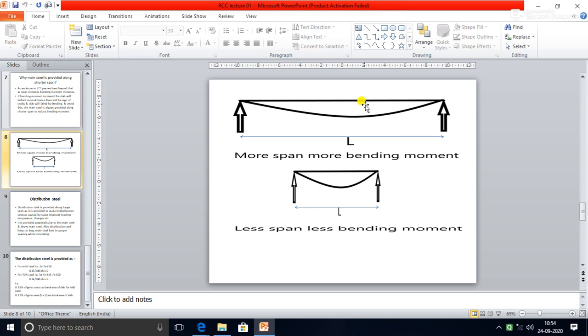Again, as a distribution steel, that is Fe250 or mild steel, we only use 6 diameter bars or 8 diameter bars, while for main steel we use 8, 10, 12, 16, 18 diameter bars. This is very important.